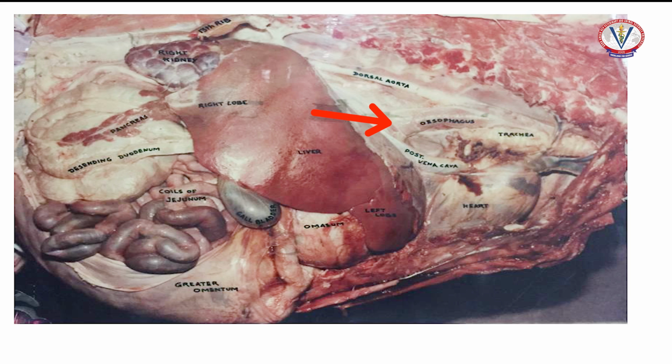The second is the hiatus esophagi, which is located ventral to the aortic hiatus at the level of the 10th thoracic vertebra, through which the esophagus and the dorsal and ventral vagus nerves pass. The third opening is the hiatus aorticus, located ventral to the 12th thoracic vertebra, through which the abdominal aorta, azygous vein and thoracic duct pass.